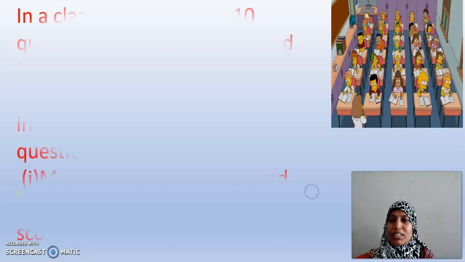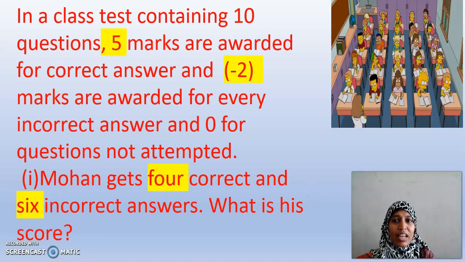So the question is, in a class test containing 10 questions, 5 marks are awarded for each correct answer. This 5 marks is given as a positive integer, and minus 2 marks are awarded for every incorrect answer.